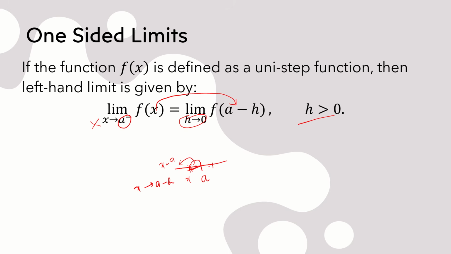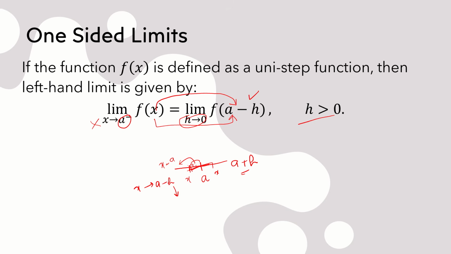If you are to the right of this a, we could write any point to the right of a as a plus h. I'll be using this in the next step. So that's why we replace x in the given function with a minus h by taking h goes to 0, because as we take h goes to 0, what is going on? We will be getting closer to this point.